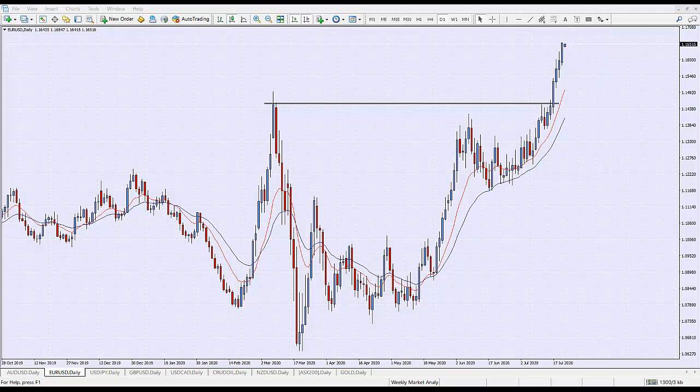Now, for those of you, I've got a little bit more time today, what specifically I'm looking for, so say for example the market comes back down here and we produce, let me try and do it with the correct colors, I'll use a red. Let's say we produce a red candle, something like this over there somewhere.